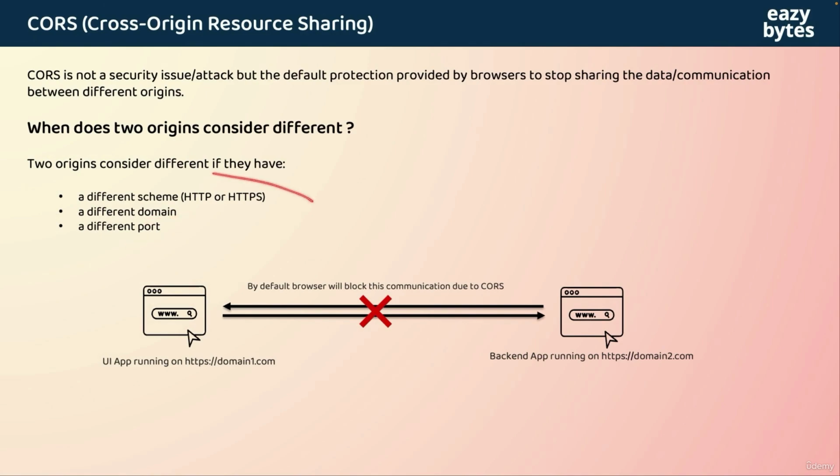Even if one of these parameters differs, the browser is going to stop the communication between the two applications. Here I have given a different example. The UI app is deployed at the domain domain1.com, and it is trying to communicate with another application deployed at domain2.com. Since the host names are different, the communication is going to be blocked by CORS.